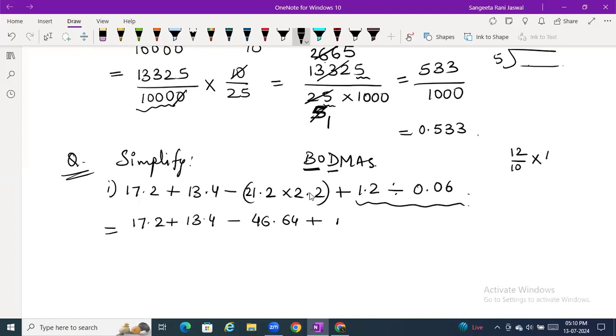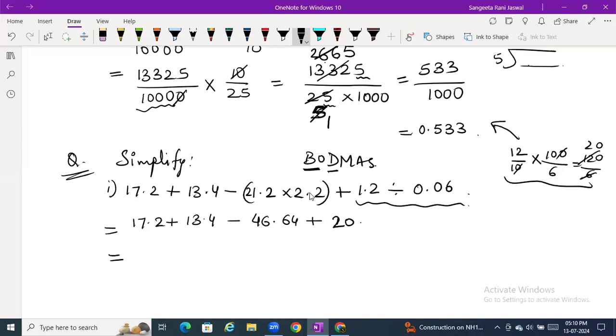So that means reciprocal of this. 0.06 can be written as 6 by 100. So I am taking the reciprocal. So zeros will cancel. You have 120 by 6. 6 2s are 12 and you have 0. So that's 20. Okay? Did you understand this? Yes, ma'am. This is the same thing what we were doing earlier.